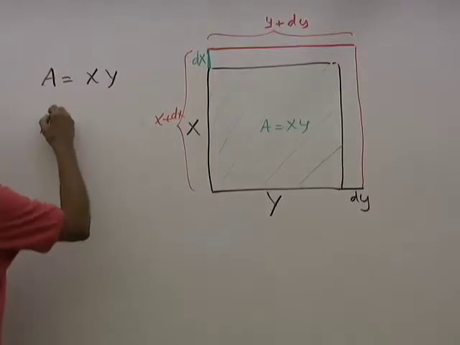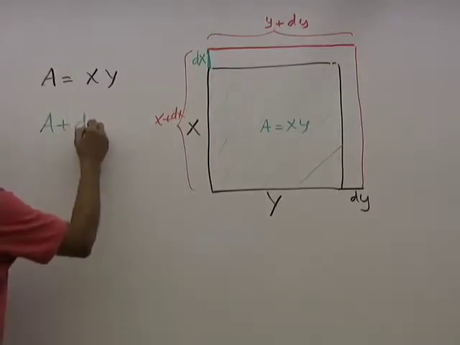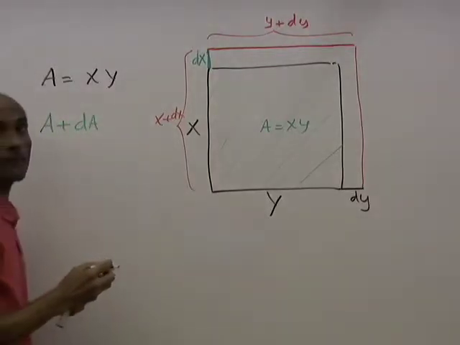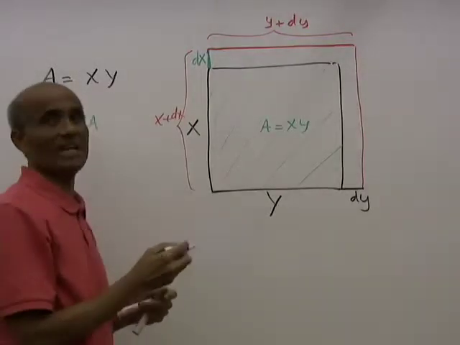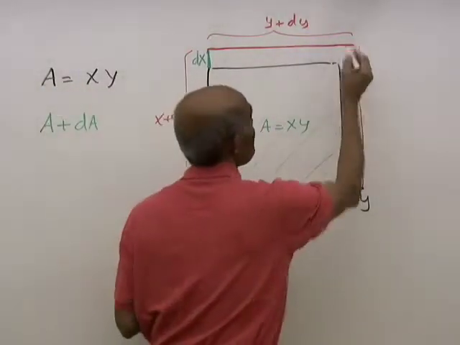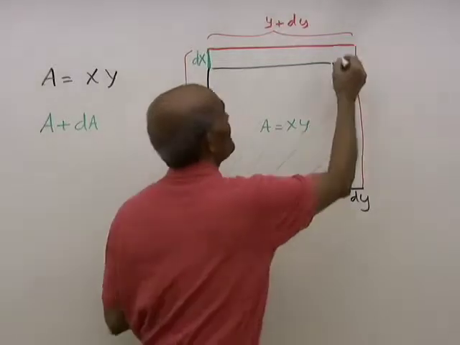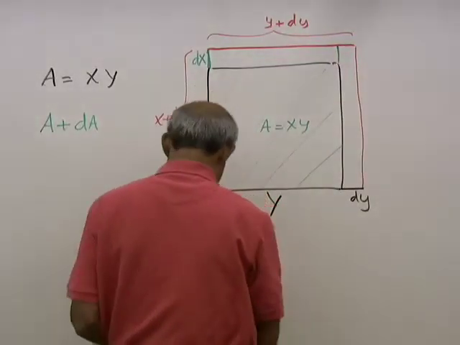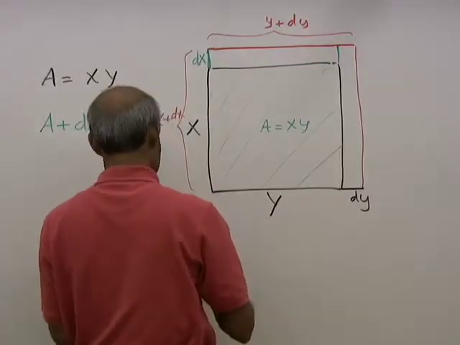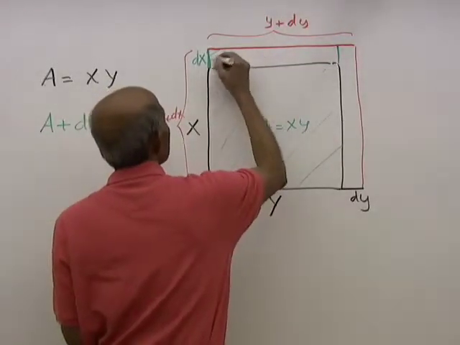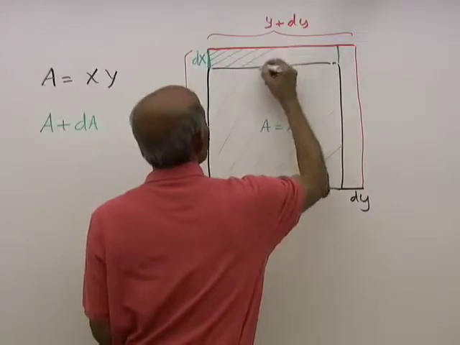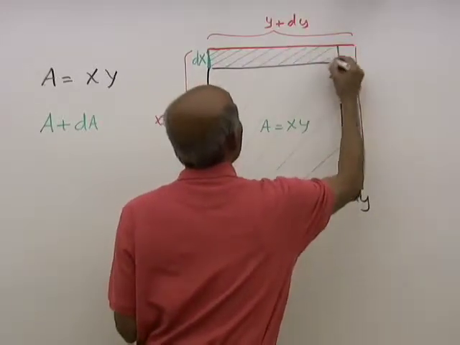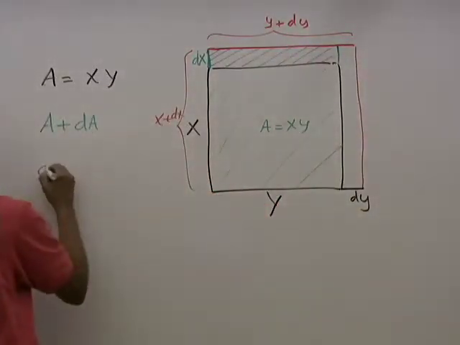So the new area is A plus dA. Now what is that dA? I'm going to divide this dA into three parts. Now tell me, what does this area, I'm going to shade it, and tell me what that is. What is that area?